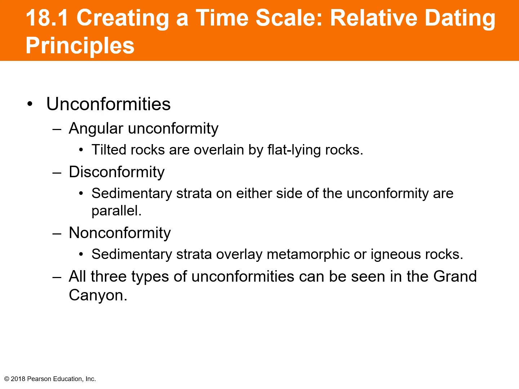And then a nonconformity is when sedimentary strata or beds overlie metamorphic or igneous rocks. This is caused by different geologic processes forming the rocks at one time in geologic history from another time in geologic history.